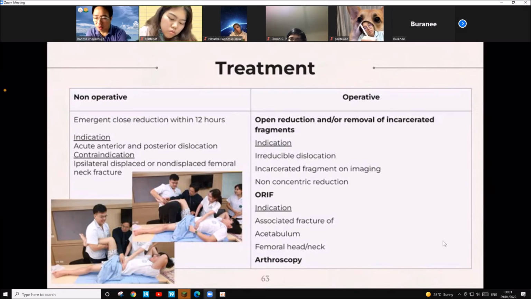My fellow, Dr. Catherine from the Philippines, a female orthopedic doctor, did the hip reduction at the emergency room, she told me. And she got a herniated disc, because the patient was big and she needed a lot of force.